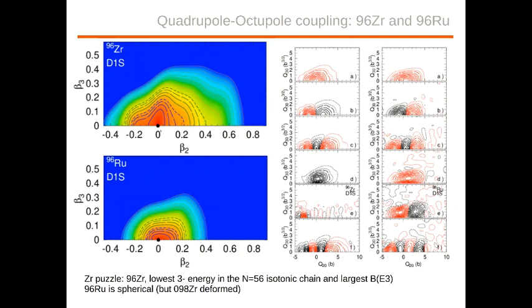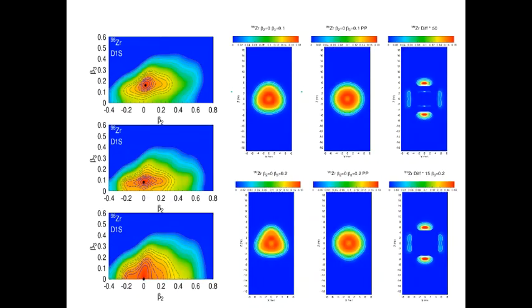And you see that at the mean field level, as I said before, both zirconium and ruthenium-96 are not octupole deformed. But what is more important is ruthenium-96 is not quadrupole deformed at the mean field level. So it doesn't have a quadrupole deformation at the intrinsic, at the static level.